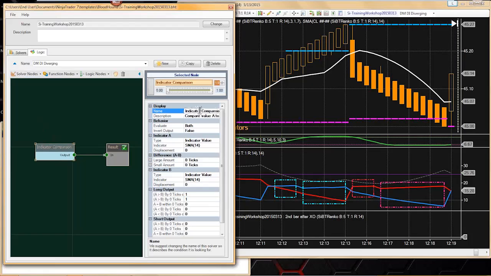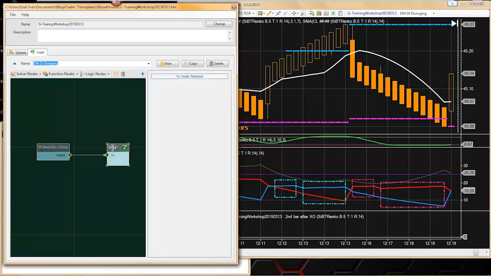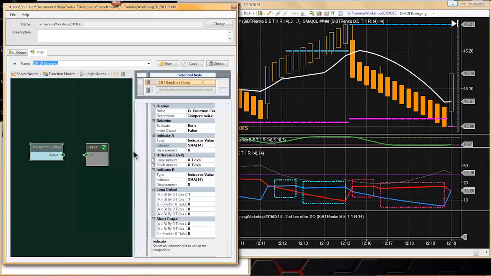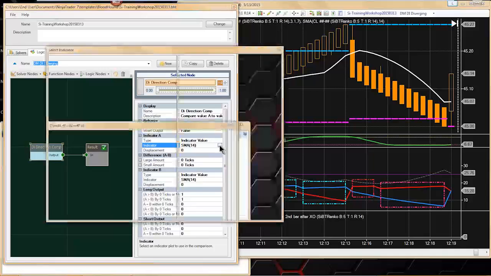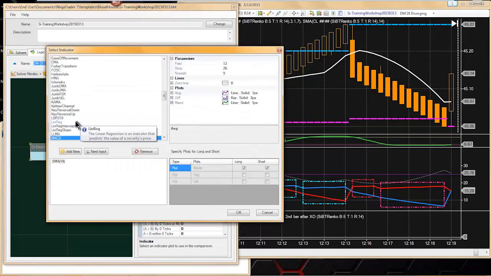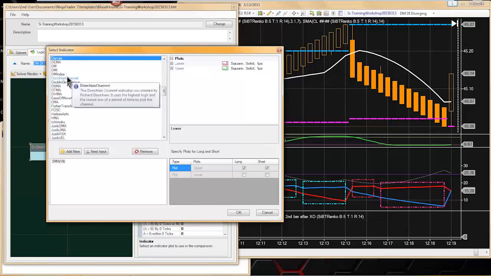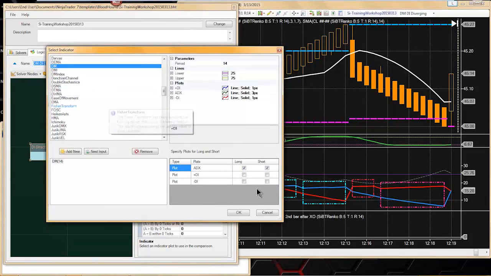So we're going to take a look at the DI direction. And to do that, we'll simply see if the DI plus is above the DI minus, or if it's the other way around. So we'll go to our DM indicator, and there we go.